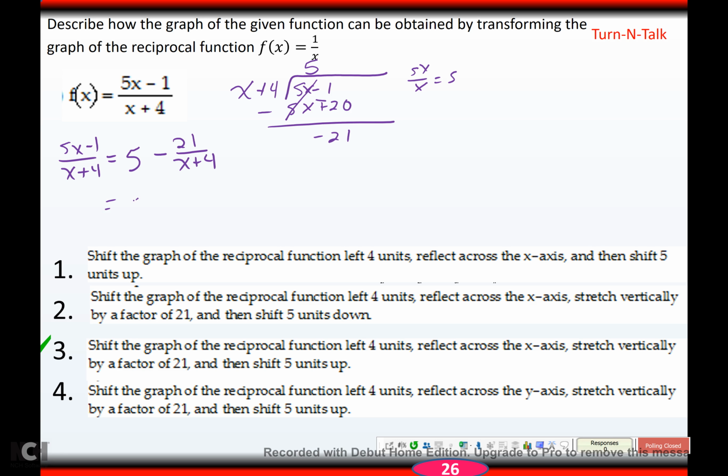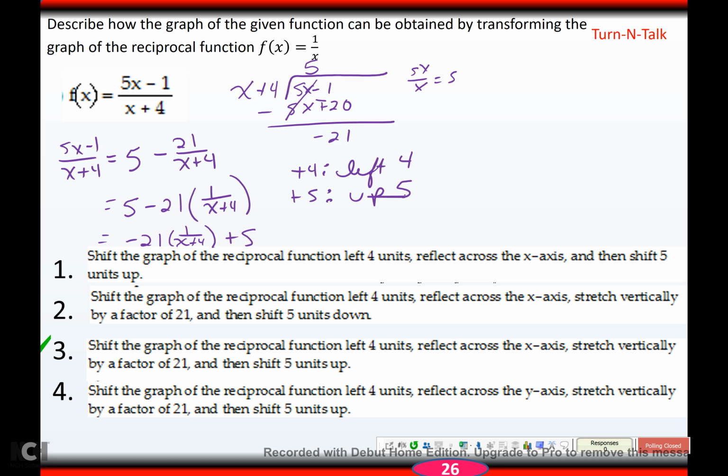which I can then write as 5 minus 21 times 1 over x plus 4, which I can rewrite as -21 times 1 over x plus 4 plus 5 on the end. And then it's easy to read. Okay, you got your positive 4 on the bottom, which is going to move it left 4. You got your positive 5 on the outside, which is going to move it up 5.